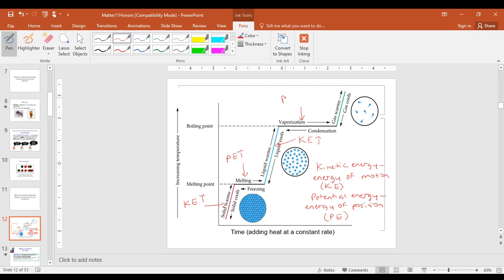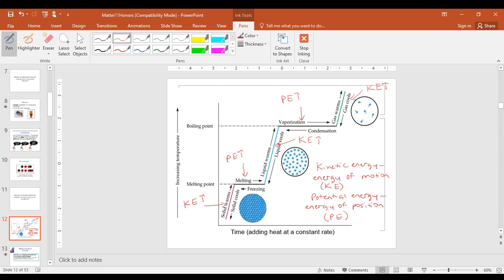So the potential energy, once again, is increasing. And finally, as our gas heats up, the particles are moving faster and faster and faster as it heats up, and the kinetic energy, once again, is increasing.